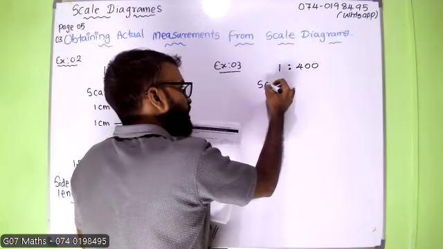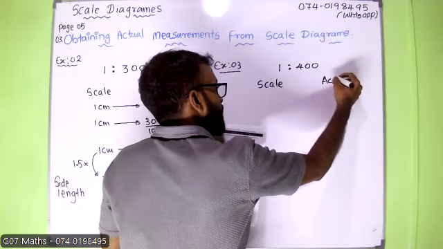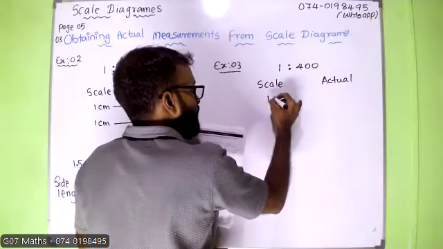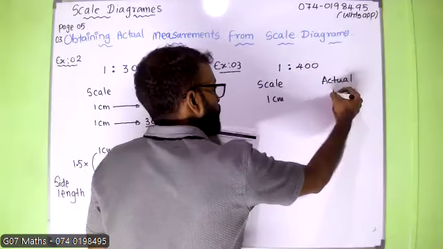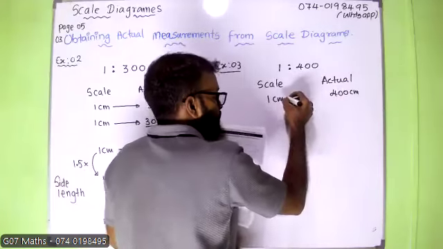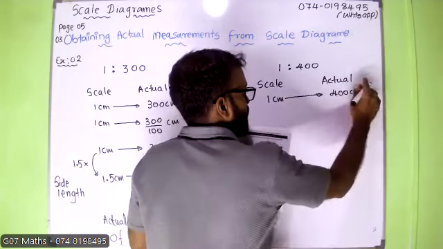This is the scale side, my left hand side, and the actual side is my right hand side. Here you have 1 centimeter and here you have 400 centimeters.